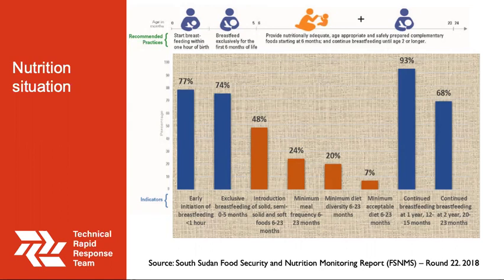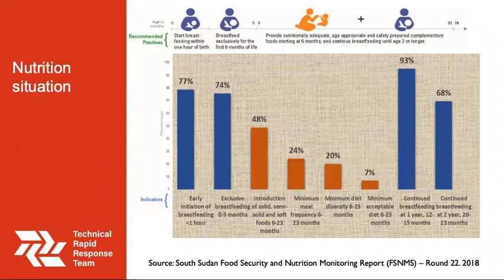Introduction of solid, semi-solid or soft food is at 48%, which is low. Minimum meal frequency for children between 6 to 23 months, we are also doing very badly, at 24%. The minimum diet diversity is 20%, very, very low. And the minimum acceptable diet is also very low, only 7%.